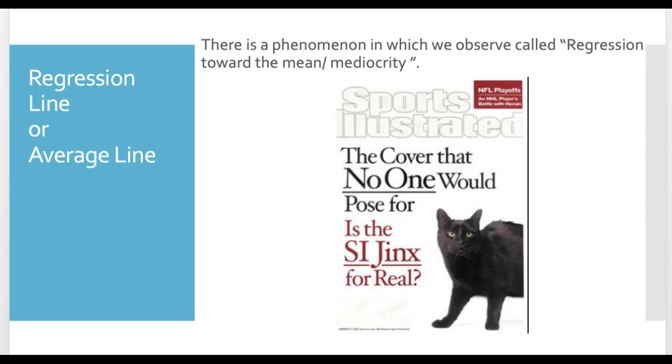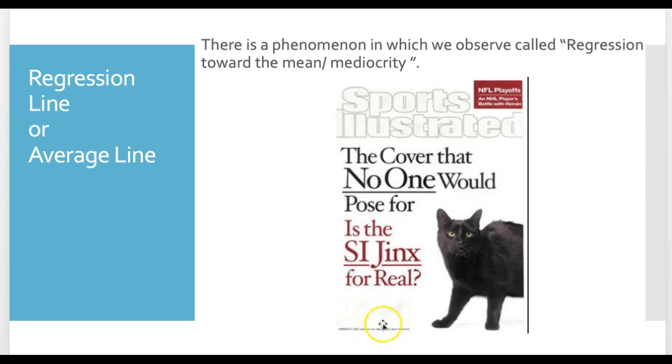So they were at the very far end of the spectrum as far as good seasons go. If they made the cover, they had nowhere to go. They couldn't do any better than that season, so the next season had to be worse. What they're recording there is the regression towards the mean phenomenon.